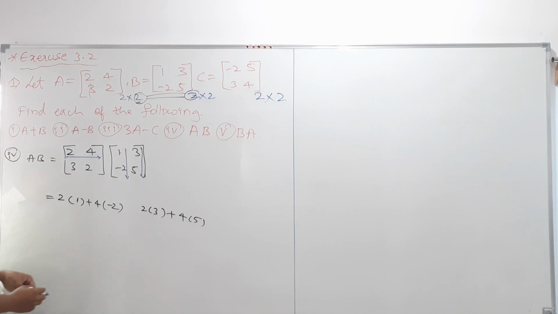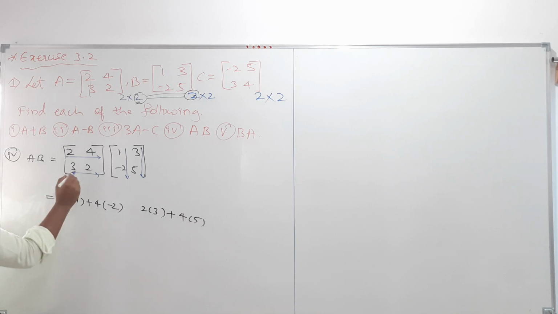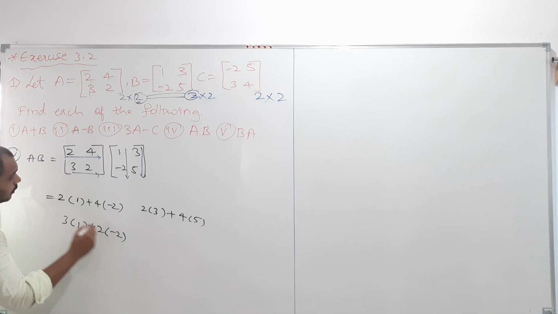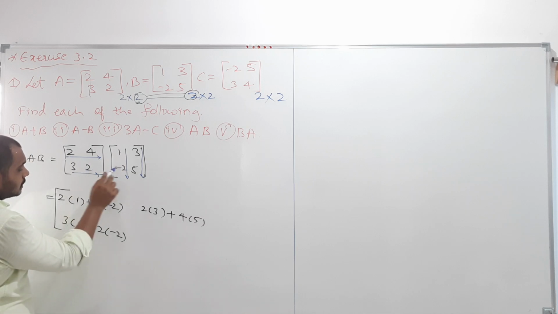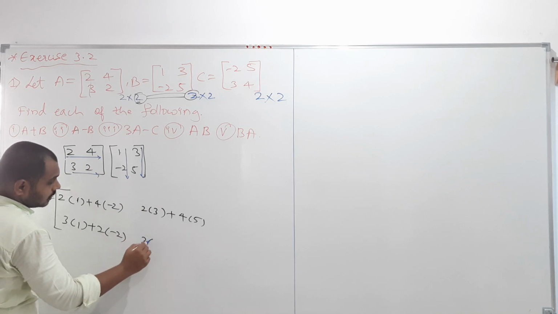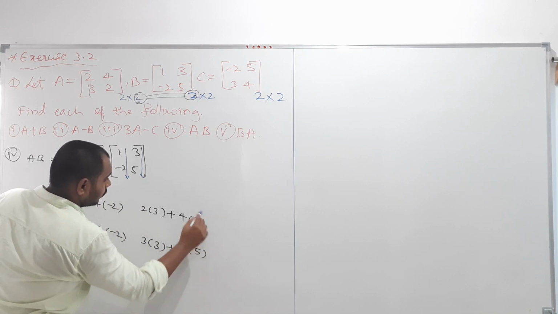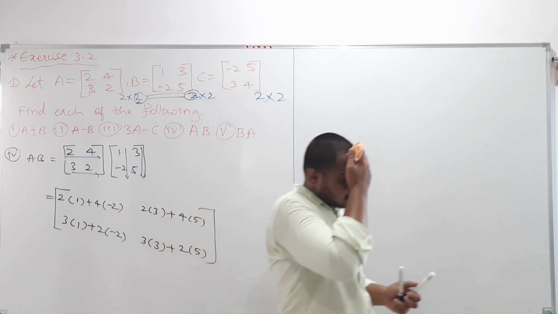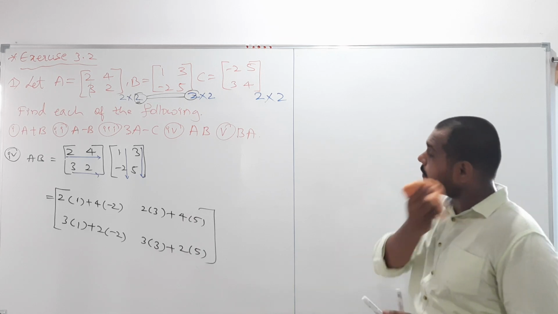Next, second row, first column, that is 3 into 1 plus 2 into minus 2. Next, second row, second column: 3 into 3 plus 2 into 5. Clear? I think you don't have any doubts. So my dear students, row into column. Always multiplication is done by row by column.